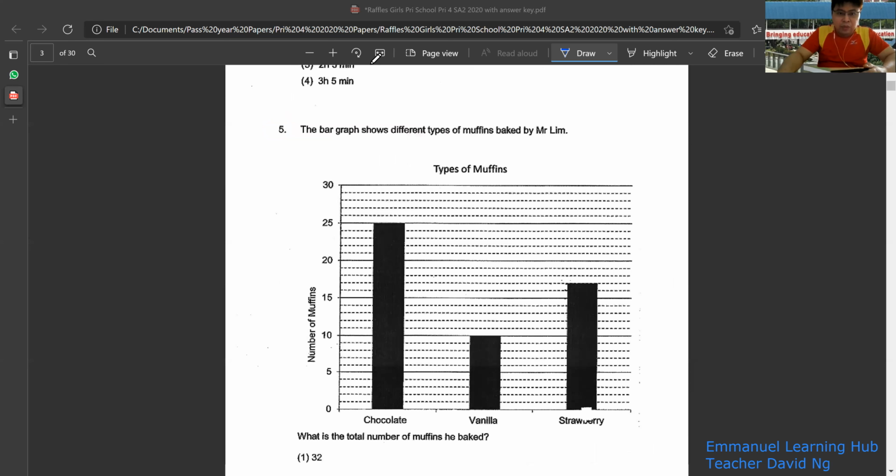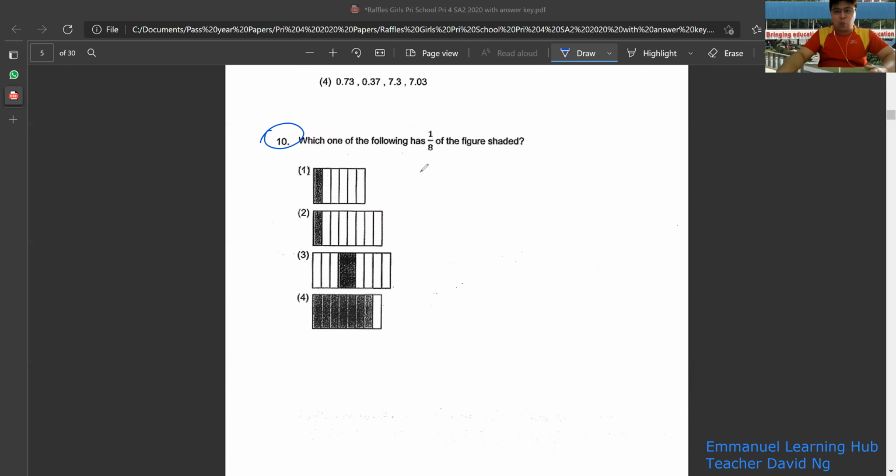Okay, question 10. Which one of the following has 1/8 of the figure shaded? For part 1, how many parts are shaded? Part 1 is 1 part shaded, but how many parts are there in total? You count. 6, right?